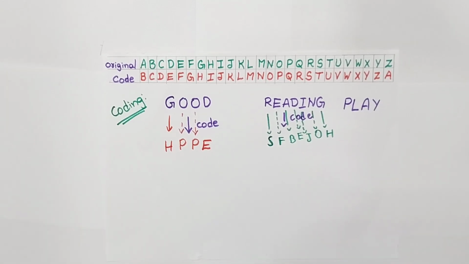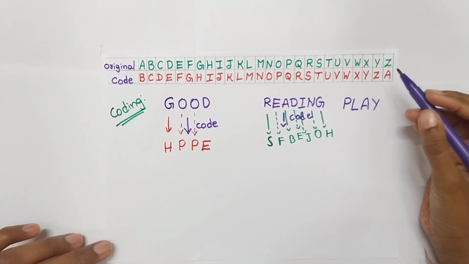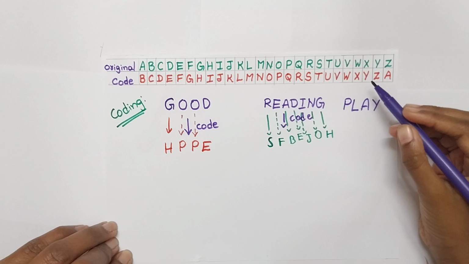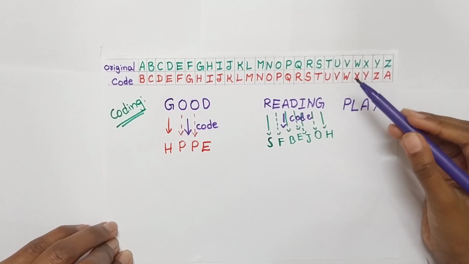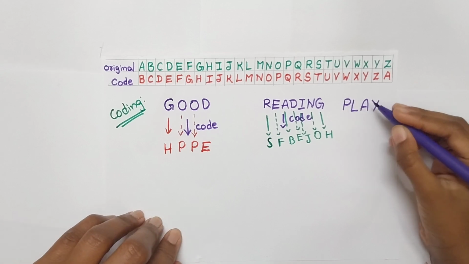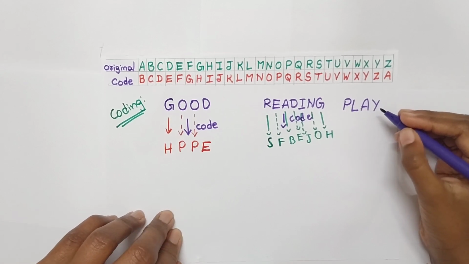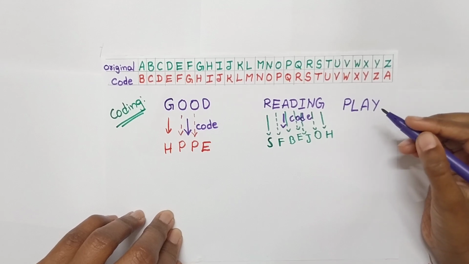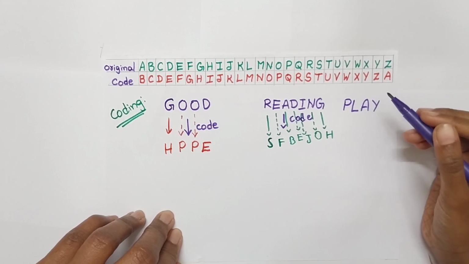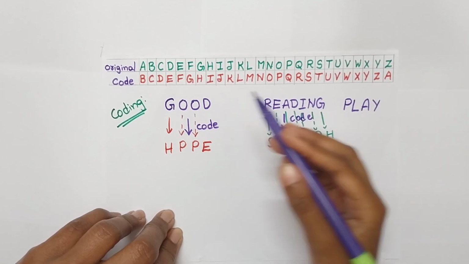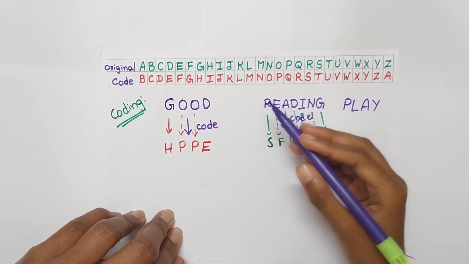Now we do one more example. We have to check the letter in the first line and take it from the second line to convert the original word into the coded word. Now, for "play", where is the P in the first line?